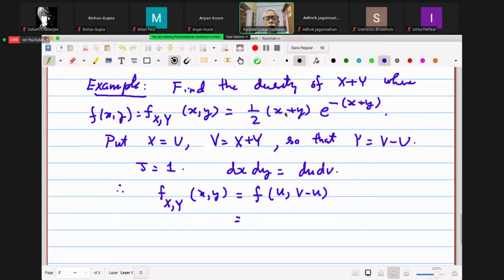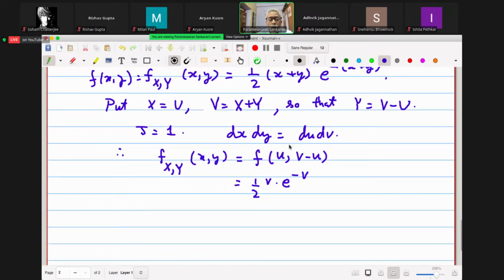When you do that, what do you get? Everything is a function of x plus y. So from there itself, you can directly see that this is half of x plus y, half of v, e to the power minus v.